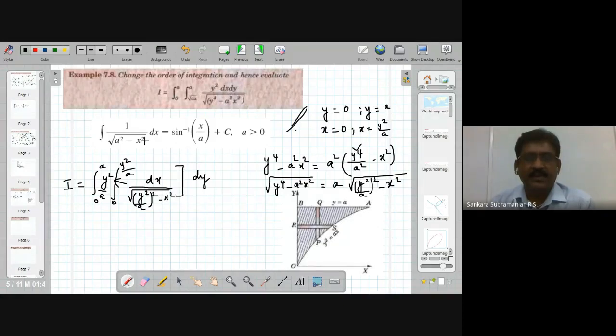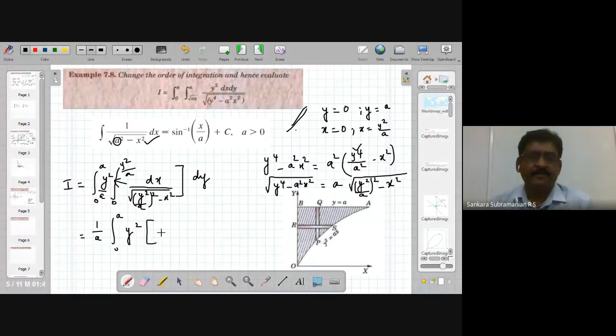Here there is minus x square, and where a is, we have y square by a. So therefore sin inverse of x by a is the formula. So 1 by a can be taken outside, with the integral 0 to a and y square.